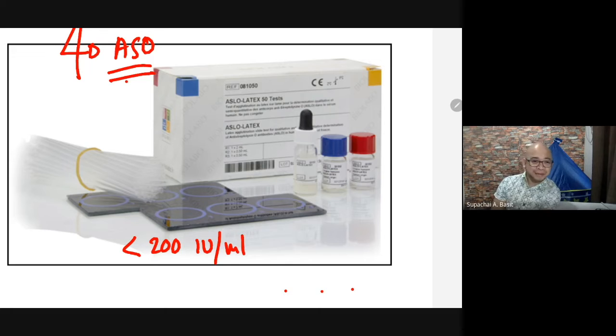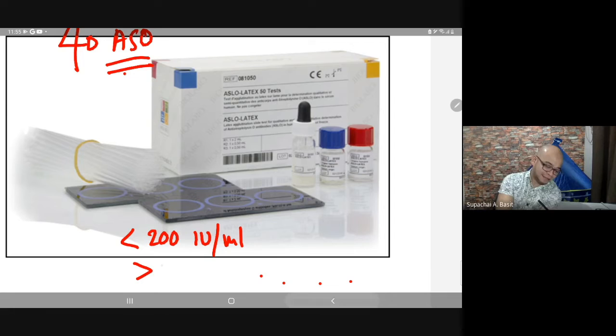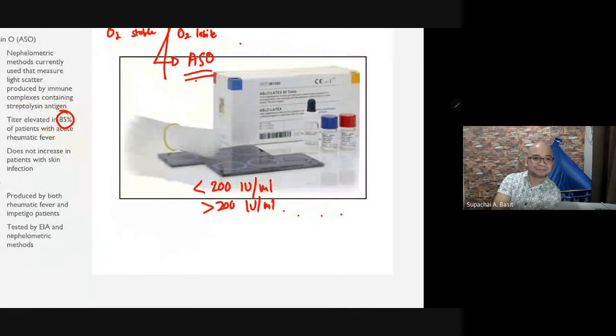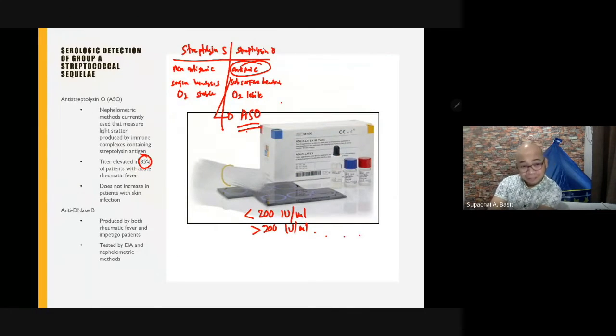If your antibody titer is greater than 200 international units per ml, it's actually a red flag for the clinicians. You could be at risk of getting acute rheumatic fever and acute glomerulonephritis.